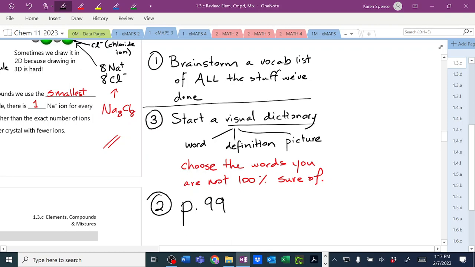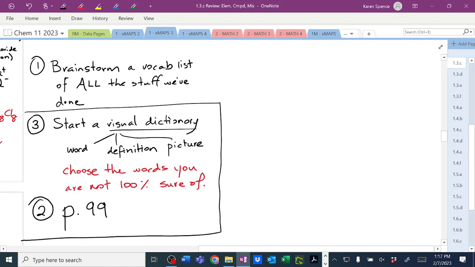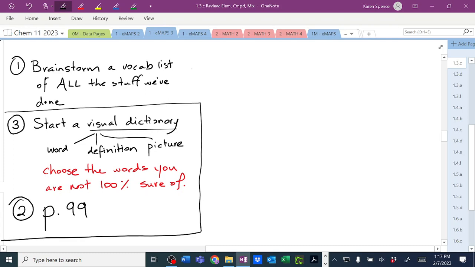But before we do any of this right now, we are going to, with your partner, brainstorm a vocab list and then we'll talk about it together as a class. Okay? If you need paper, there is paper at the back in the free paper bin. I'll get you started with a word or two.